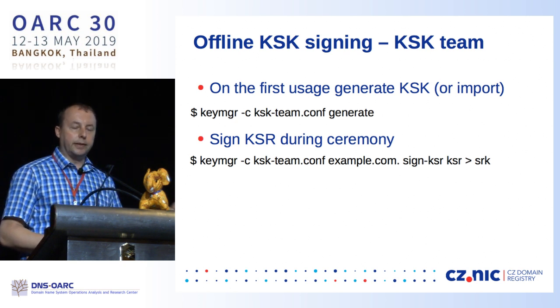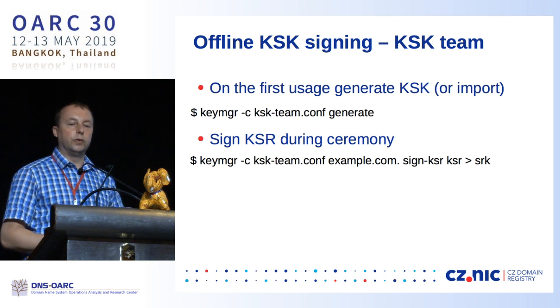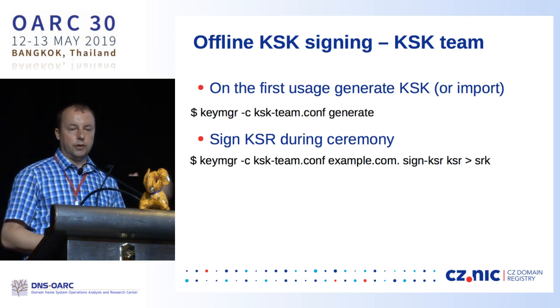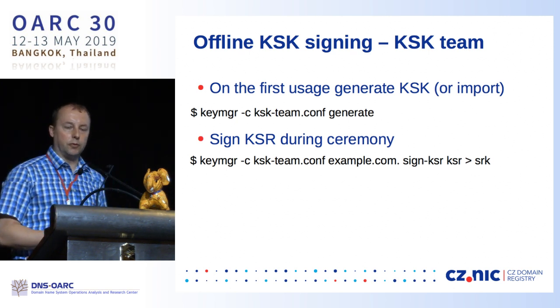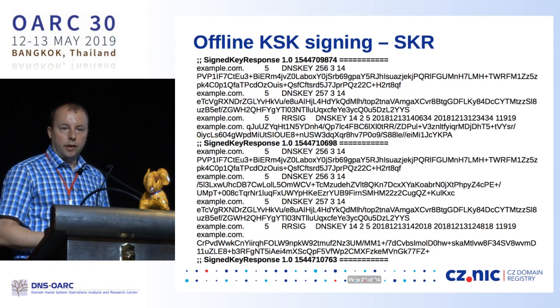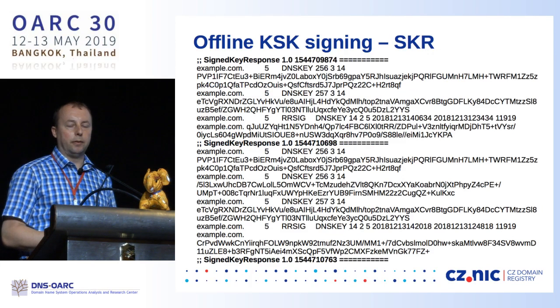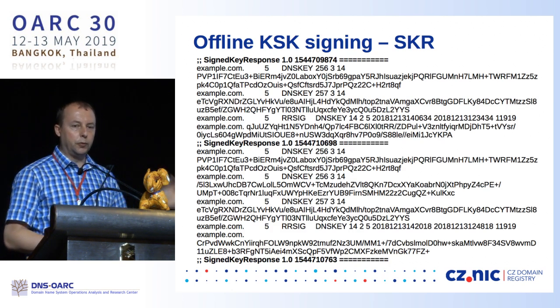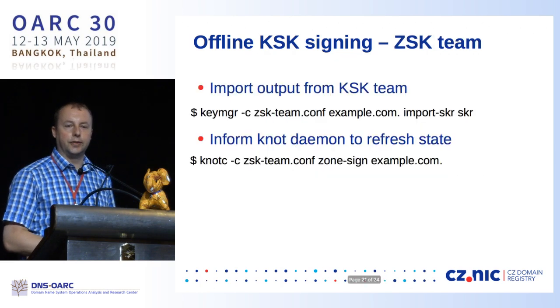However, it's expected that they already have the keys in their database. So the only thing they need to do is to take these key signing requests and transform them into the signed response. And this is again how the signed response looks like. The example. Don't be confused with algorithm 14. We are using algorithm 13, so this is just a test.